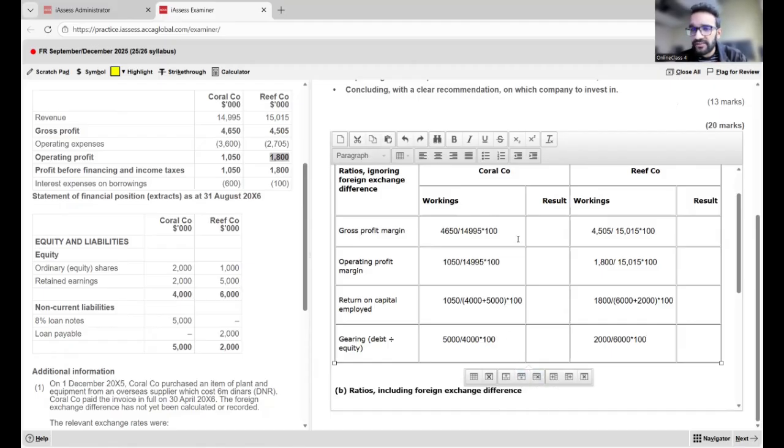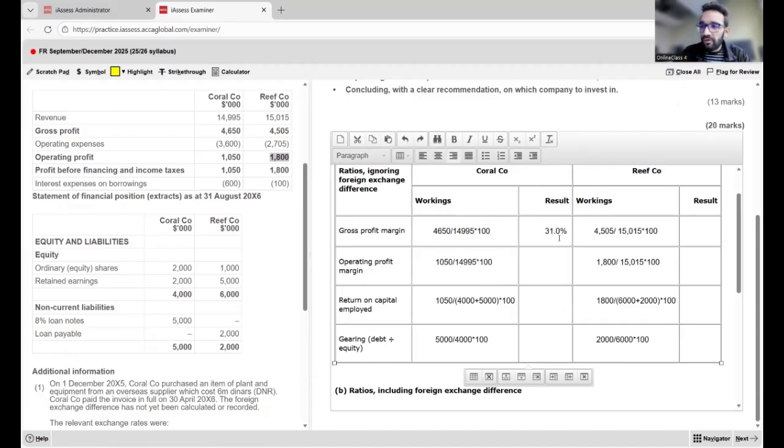So it's 31%. Right? It's 31%. It is 7%. And it is basically 11.7%. Make sure that you are following a proper sequence. If you are putting data in 1 decimal, follow that format. 11.7, it is 125%.